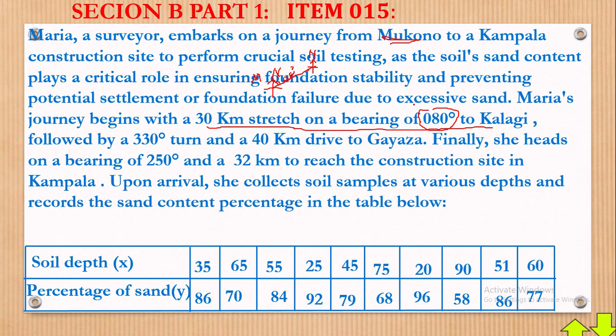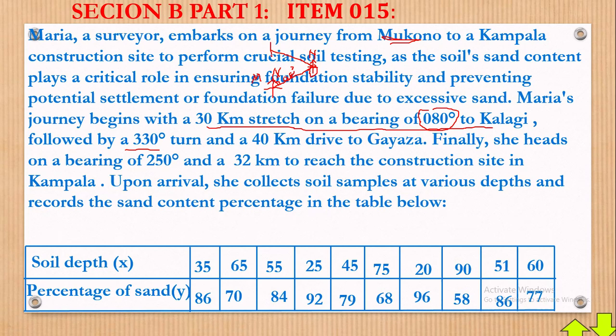Now from Kalagi, let's proceed. It says followed by a 330-degree turn. 330 degrees will be this kind of turn to that level, so the line will be drawn going in that order. A 330 degrees turn and a 40-kilometer drive to Gayaza.